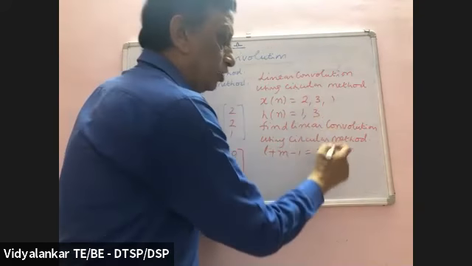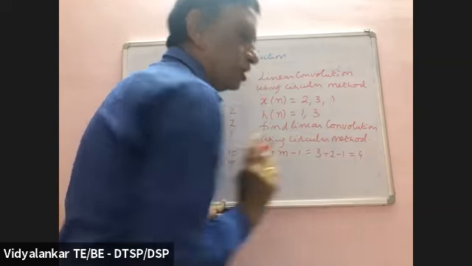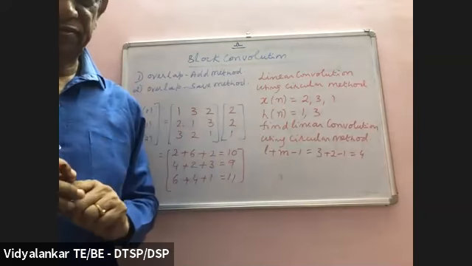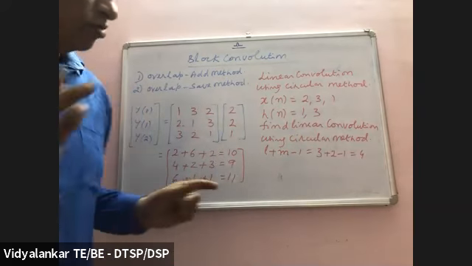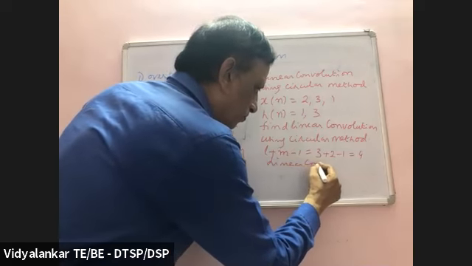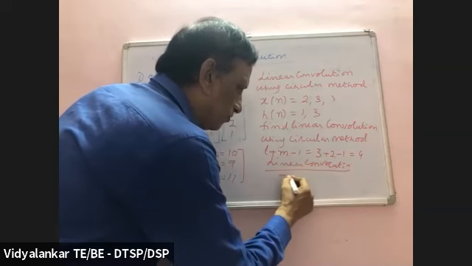What is the length of h? 2. So 3 plus 2 minus 1 is 4. So 4 outputs are possible here by doing linear convolution directly.